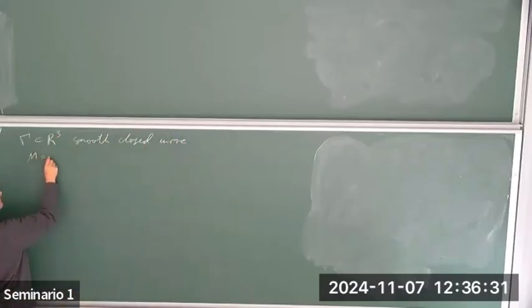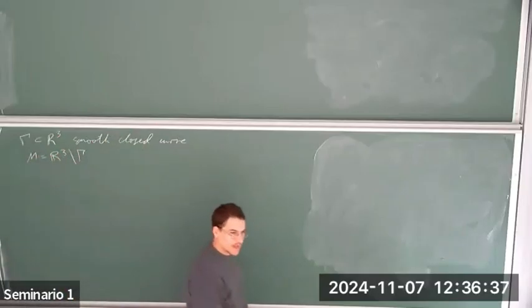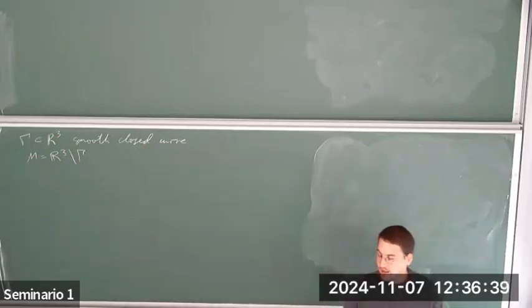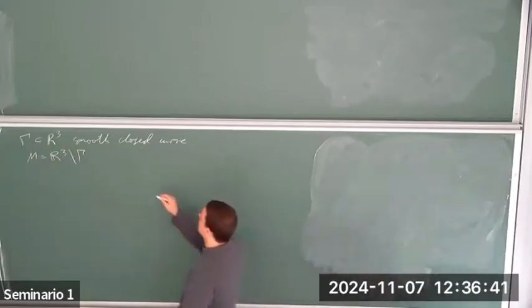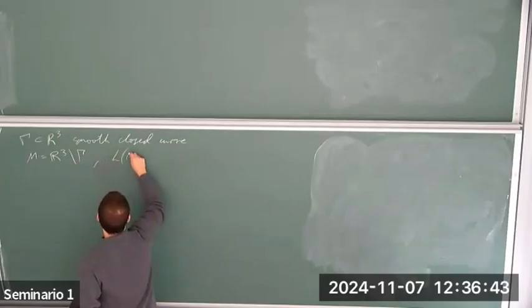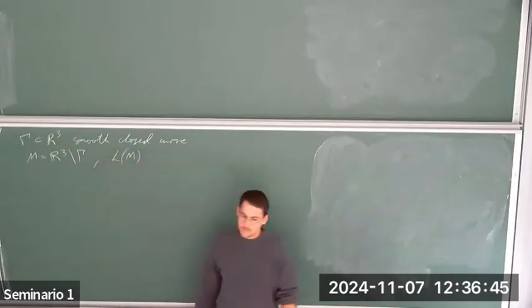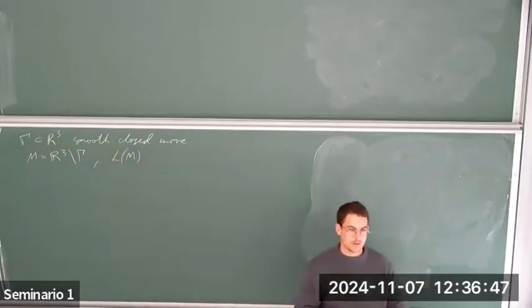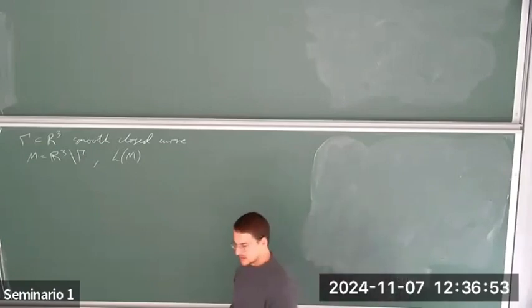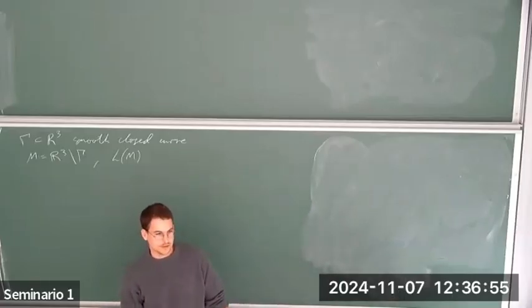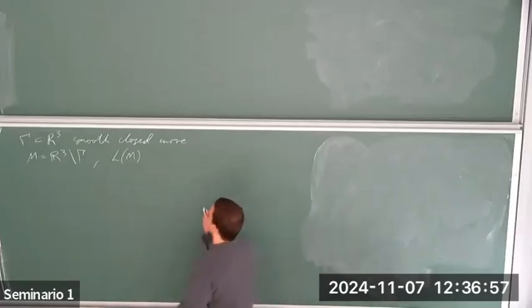We define M to be the complement of gamma, and L over M is the real line bundle over M, which in a certain sense detects all of the boundary components. This is the bundle which Marco introduced in his talk.